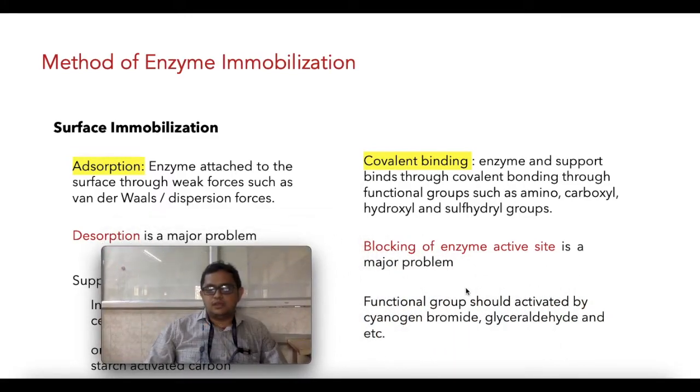In most scenarios, the functional group of a support needs to be activated many times with the help of various materials. Here the examples are cyanogen bromide or glutaraldehyde. There are so many other strategies that we can use to activate the functional group.